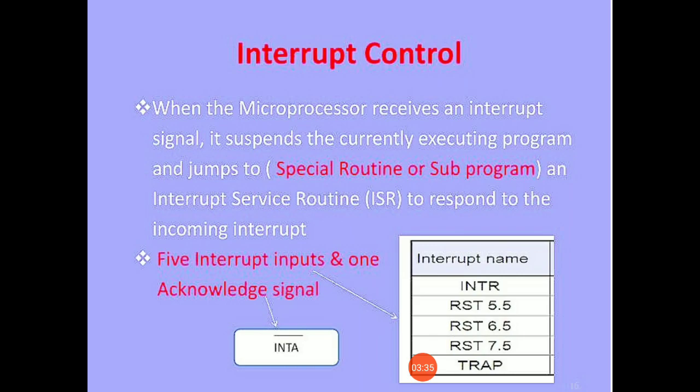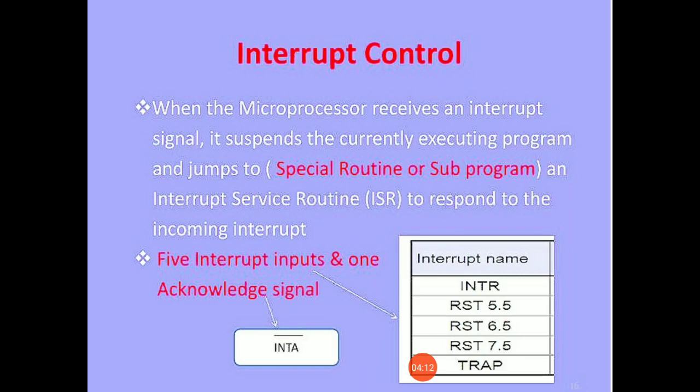Now what happens when the microprocessor receives an interrupt signal from peripherals which are requesting its services? It stops its current execution and program control is transferred to a subroutine by generating a call signal, and after executing the subroutine, by generating a RET signal, again program control is transferred to the main program from where it had stopped.